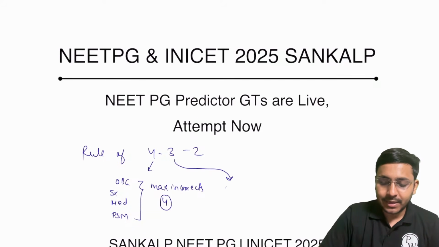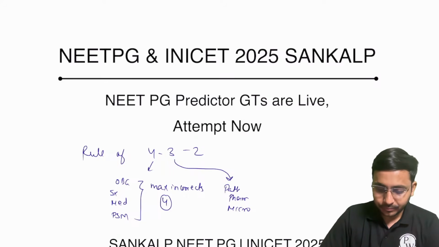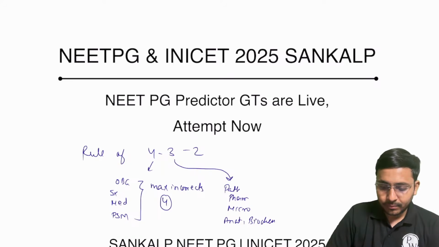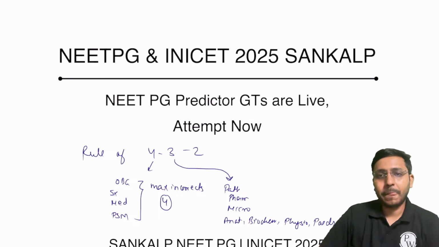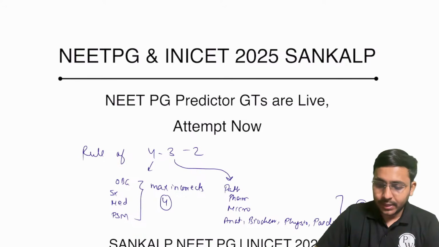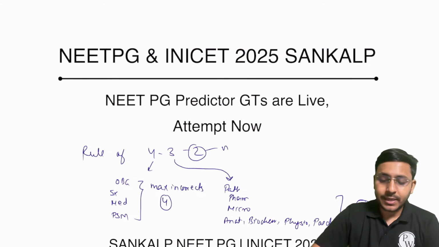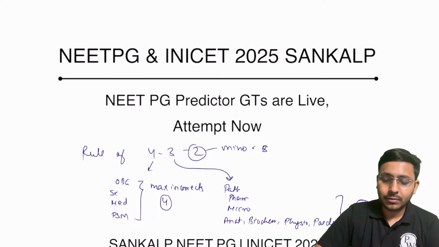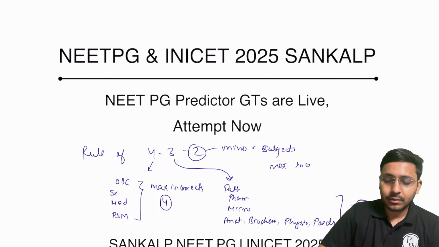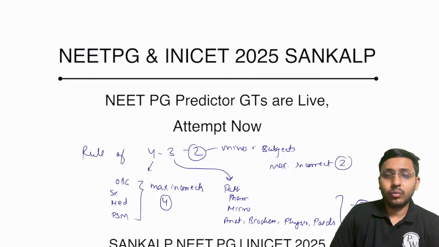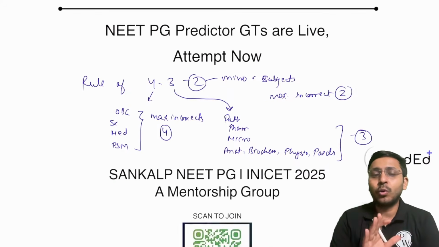Now in subjects like path, pharma, micro, anat, biochem, physio, peds, your maximum incorrect can be 3. And in minor subjects, your maximum incorrect can be 2. So this is the rule of 4, 3 and 2.